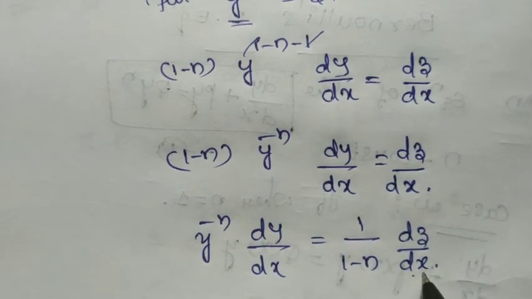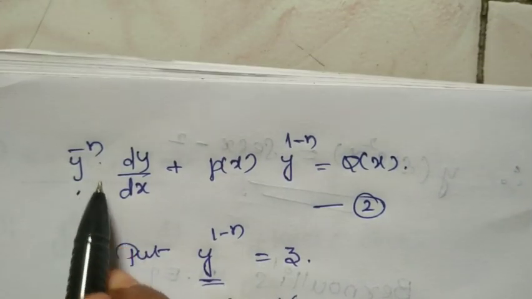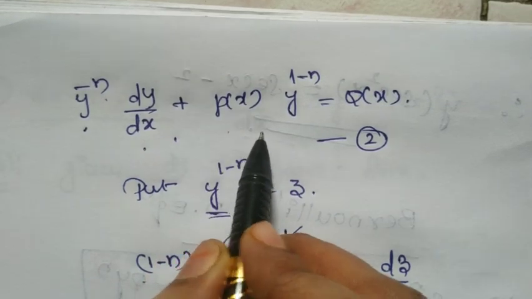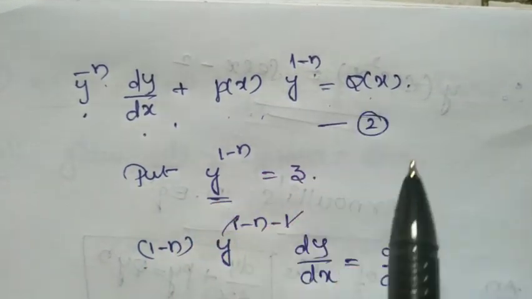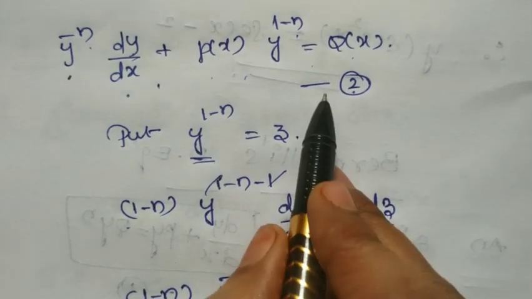Substituting these values in equation 2, where equation 2 is y^(-n) dy/dx + P(x)y^(1-n) = Q(x).